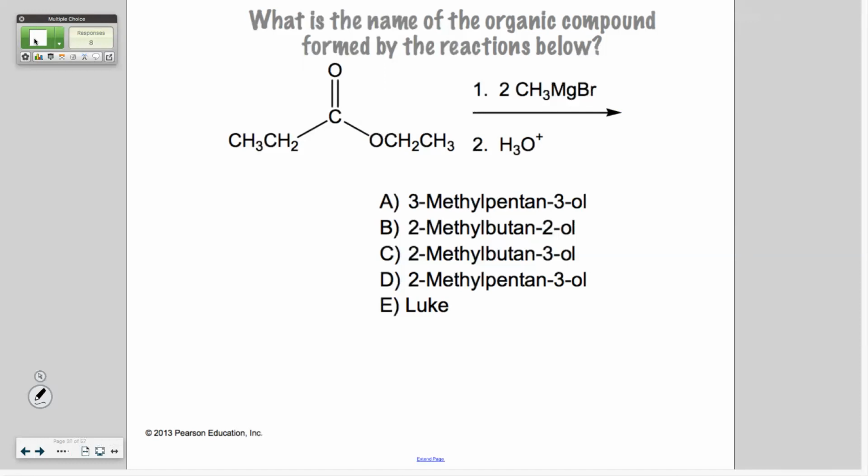You should come up with the structure and then figure out its name and then pick the right one. That's my advice.